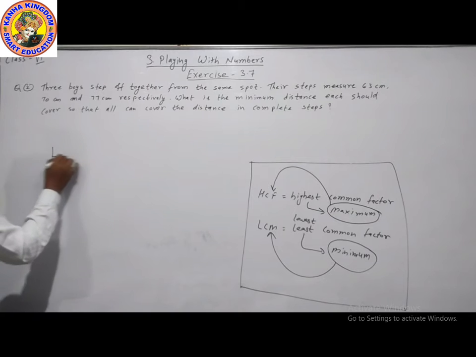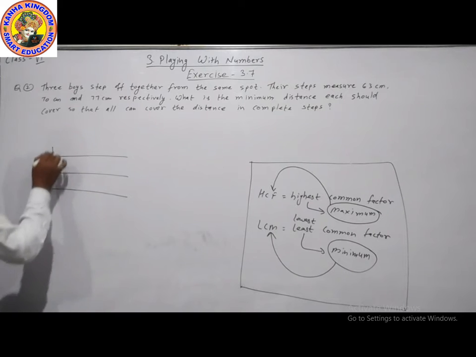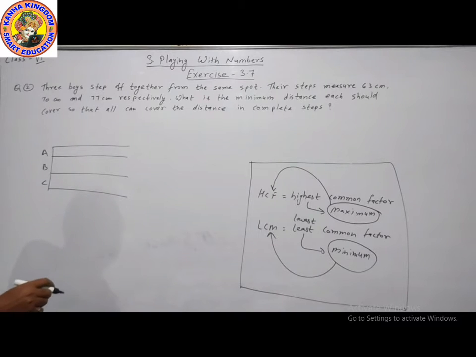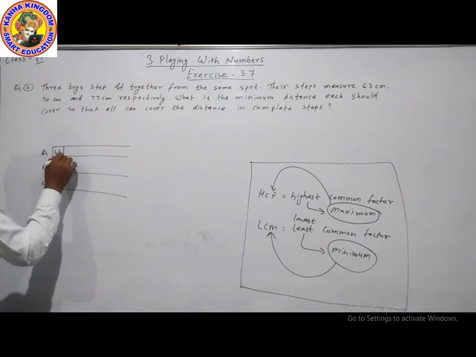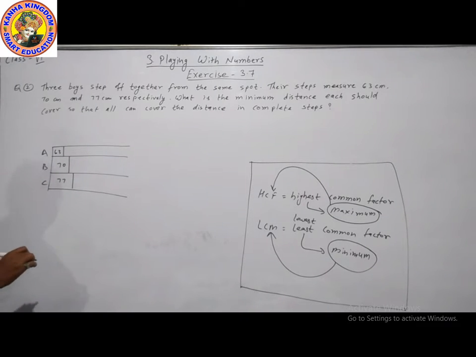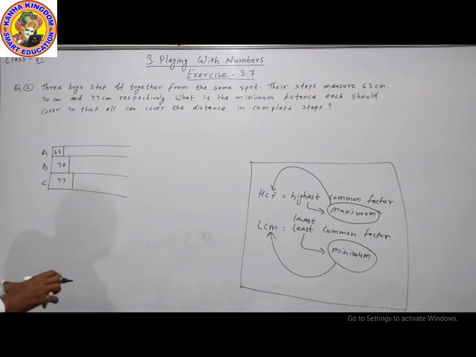There are 3 boys, named A, B and C. Their steps measure 63 centimeter, then 70 centimeter and then 77 centimeter. What is the minimum distance each should cover so that all can cover the distance in complete steps?